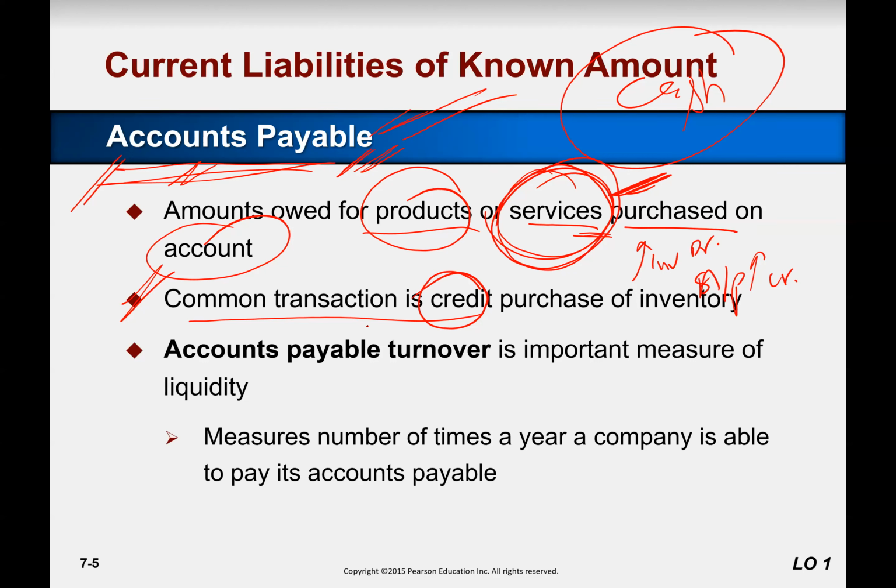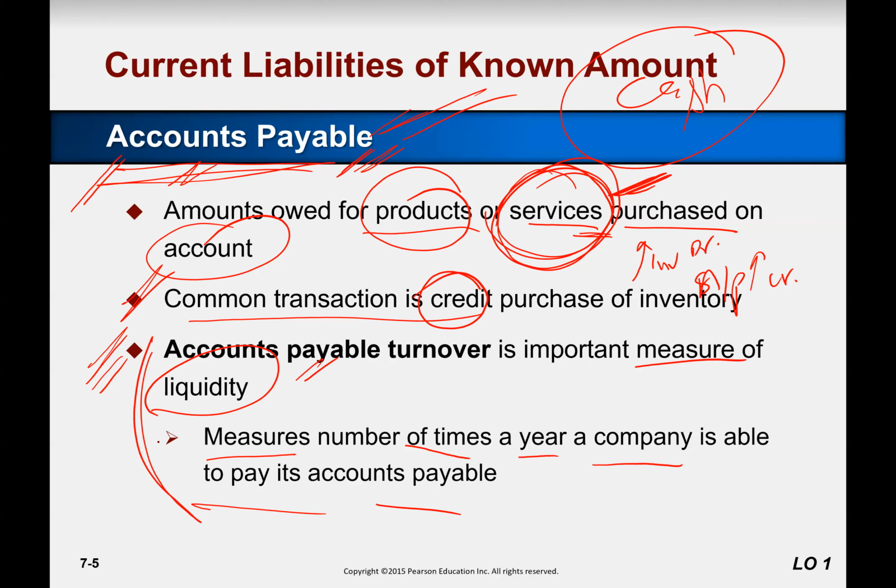All right. Accounts payable can also be used as a control account, or as a measure of liquidity. For example, accounts payable turnover, which means the number of times a year a company is able to pay its accounts payable. This is finance terminology; we will not discuss it in detail, just a taste here. Accounts payable turnover is sales or CGS divided by accounts payable.